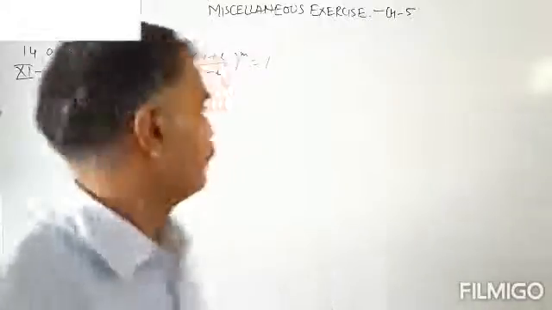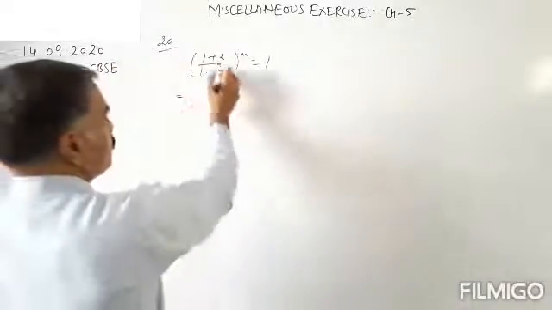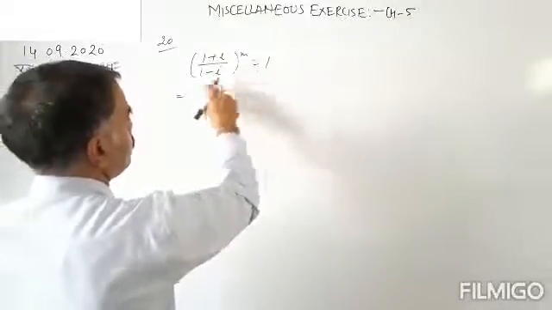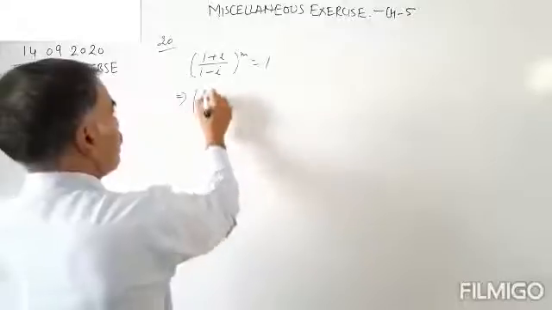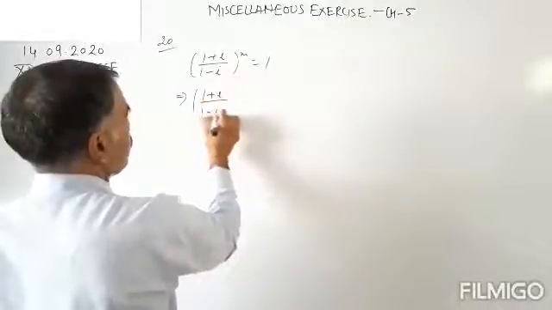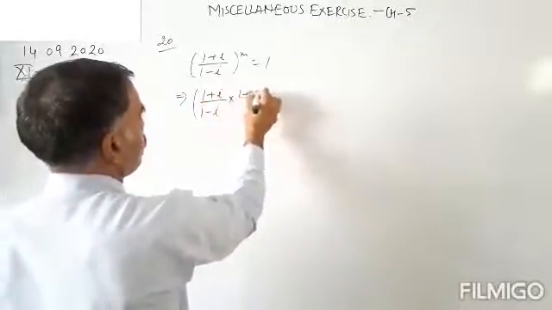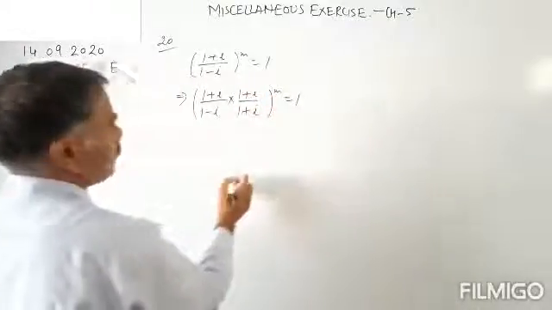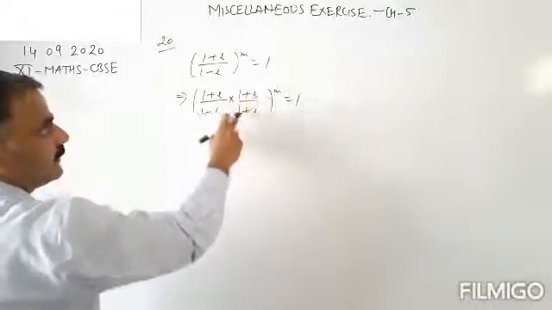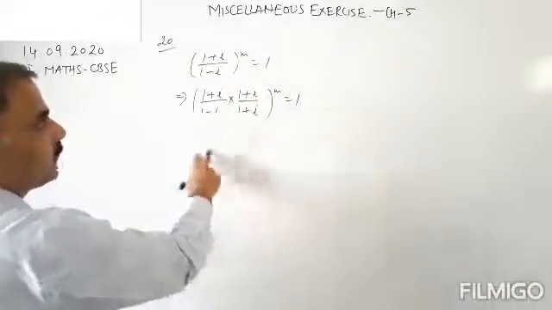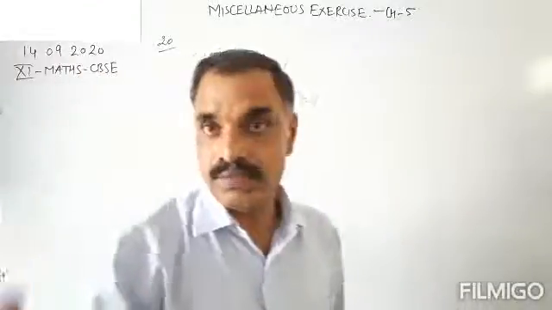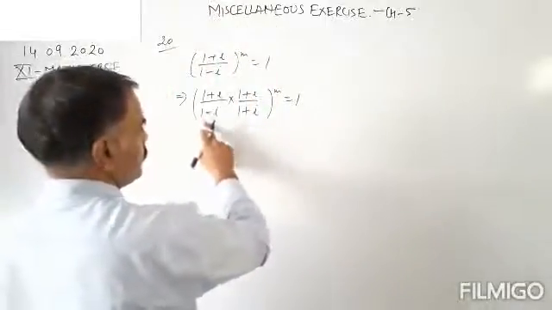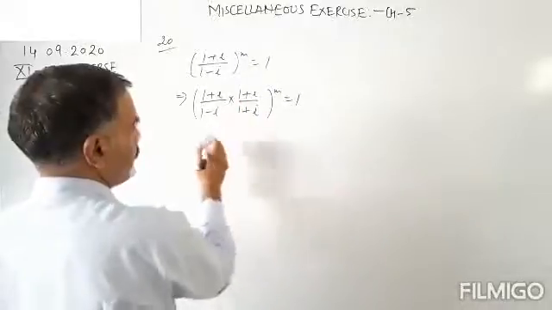Okay, so this is (1 plus iota upon 1 minus iota) to the power m, multiplying by (1 plus iota upon 1 plus iota) to the power m, equals 1. Multiplying within the bracket by the conjugate of the complex number in the denominator, that means 1 minus iota, its complex conjugate is 1 plus iota.